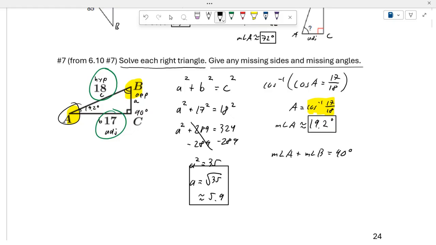I know the measure of angle A is 19.2, plus the measure of angle B has to get me to 90. So if I subtract 19.2 from both sides, I get that the measure of angle B is approximately, I could do this in my head, but I don't want to screw it up, 70.8.